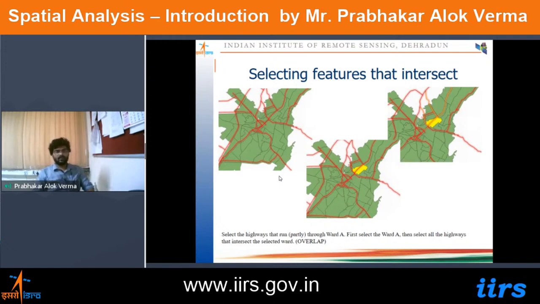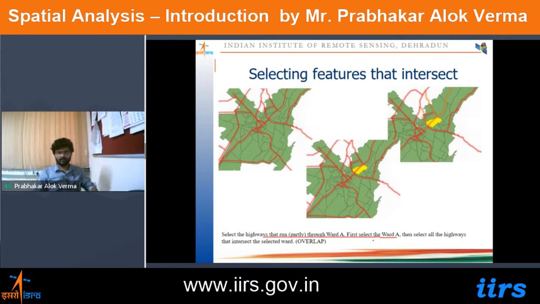Now, an example of intersecting features, as I told once: select highways that run through Ward A. The red lines are highways, and the black color boundaries are ward boundaries.